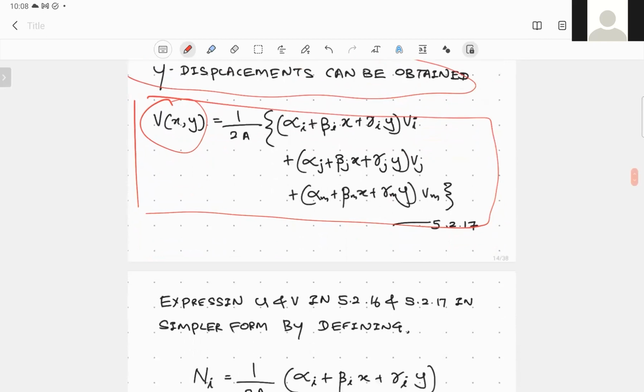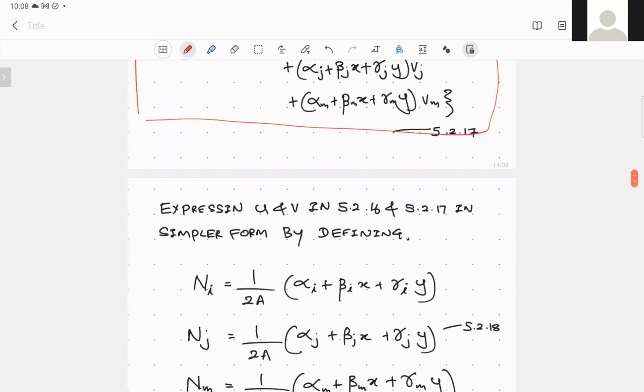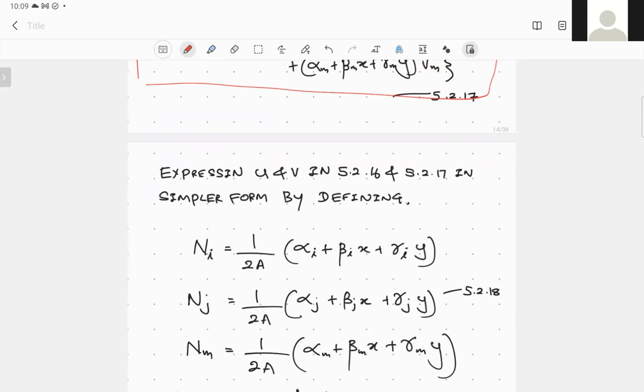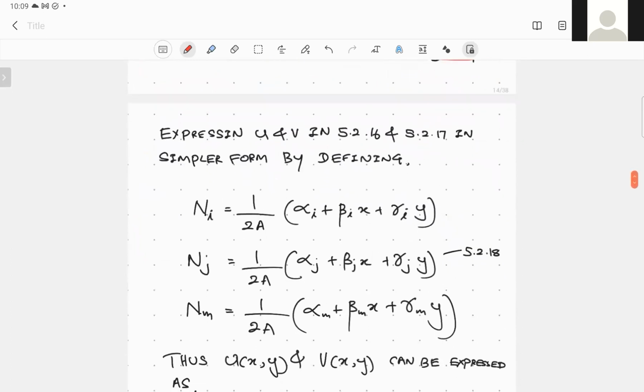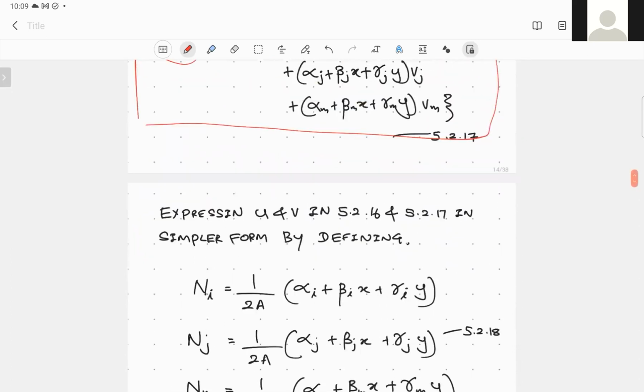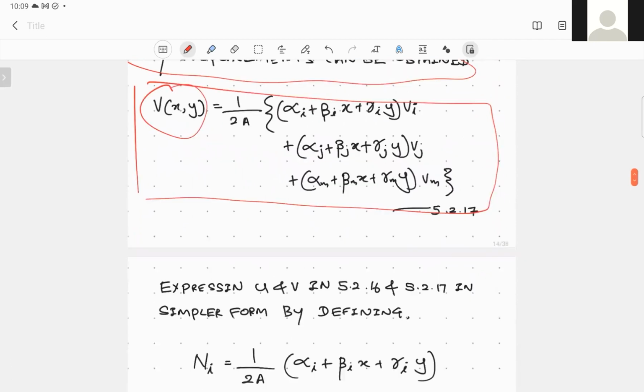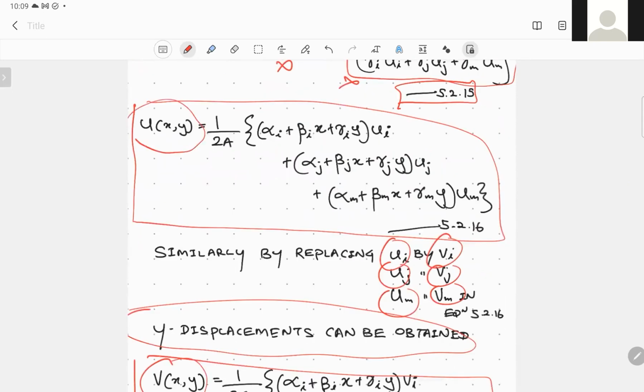Now, as we already know from the previous case, this is again a simple definition, nothing new. Now you obtain two displacement functions in the x and y directions, given by u and v, and you have obtained them using displacements in the x direction for the three nodes.